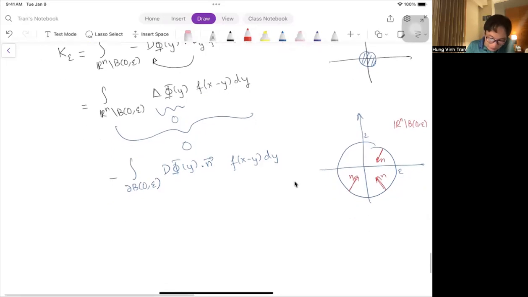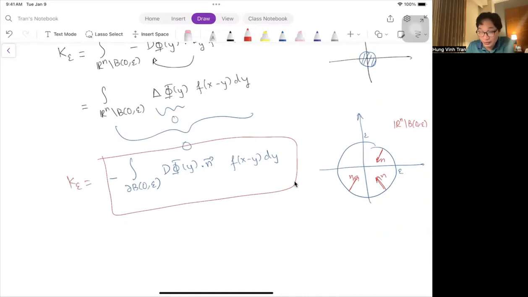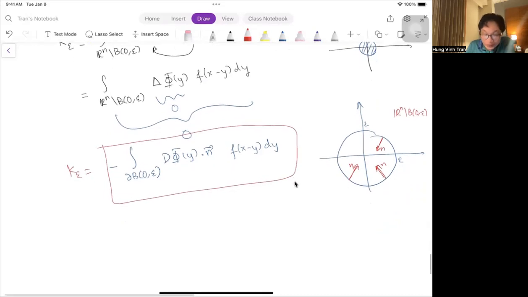Okay. So what really remains is only this integral. So we have k epsilon equals this integral, because the first one is 0. We are essentially nearly done now, because now what we need to do is only to compute this integral. What is this?